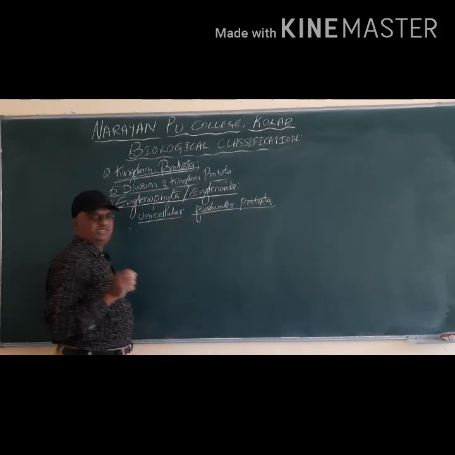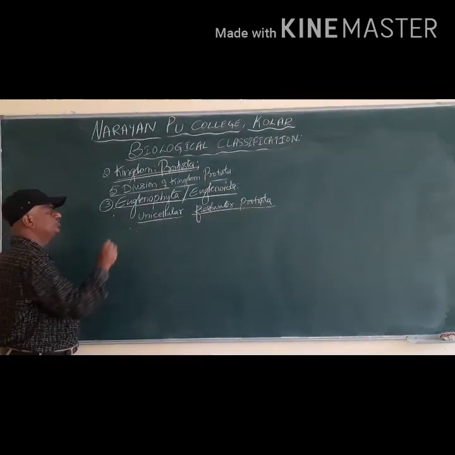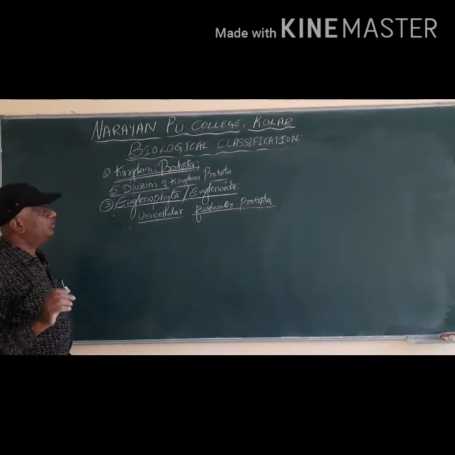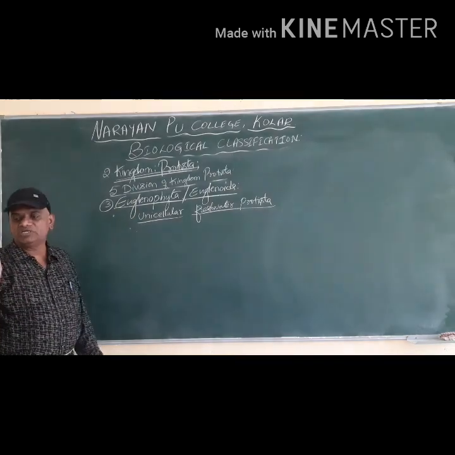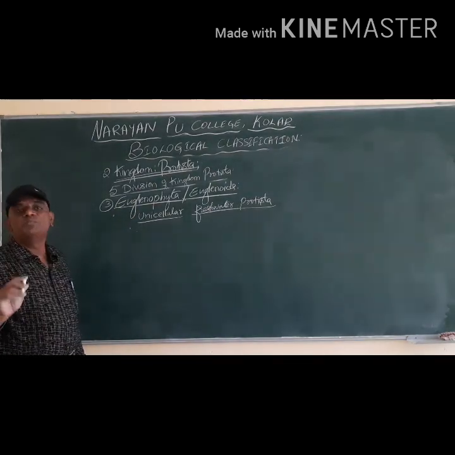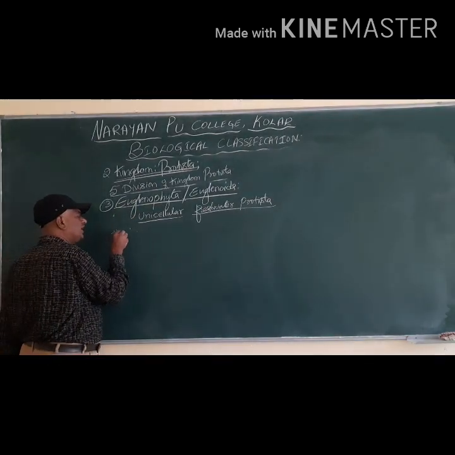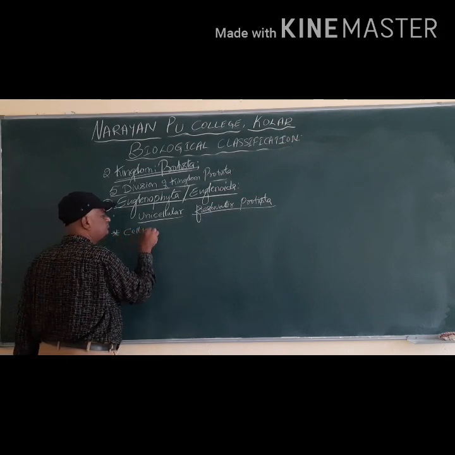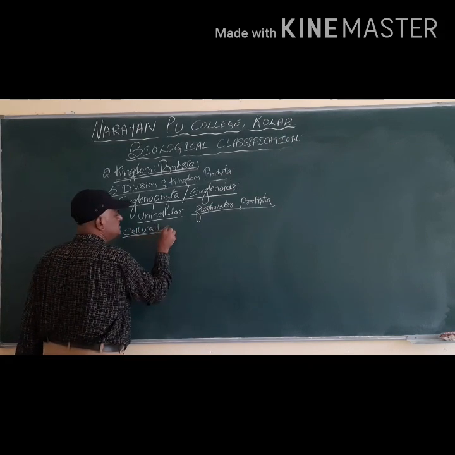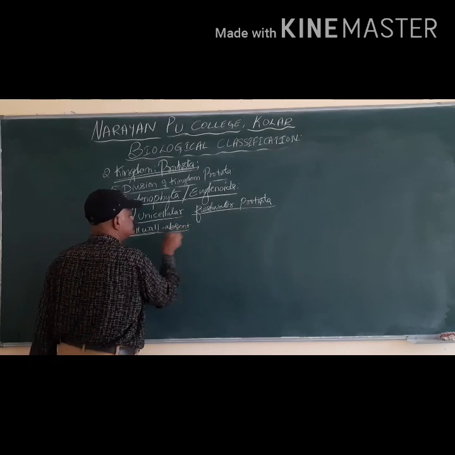Protista, freshwater protista. Here, unicellular freshwater protista come under euglenoids. But the important point is that they do not have a cell wall.